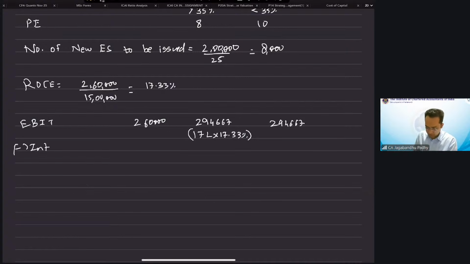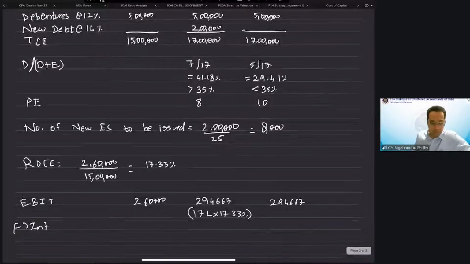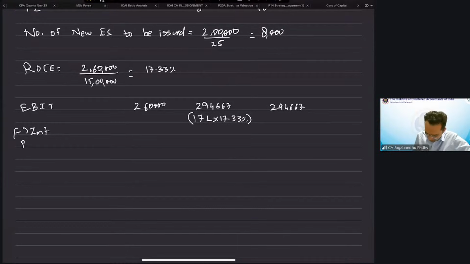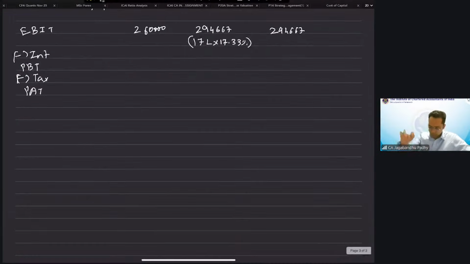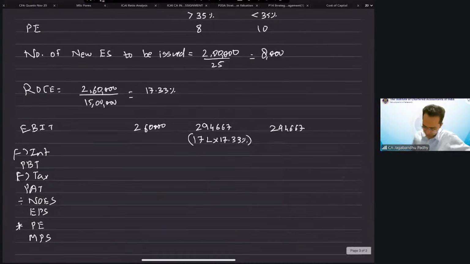Then we subtract the interest. Then we get the PBT. Further, we subtract the tax, which will give us the PAT. This divided by number of equity shares will give us EPS. And then we just multiply it by P ratio to arrive at MPS.